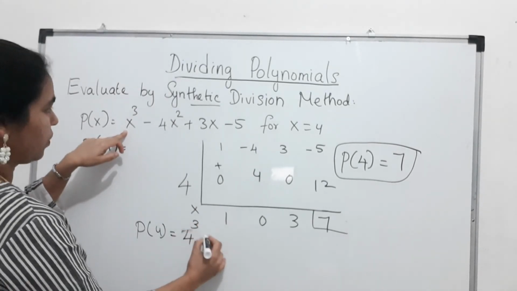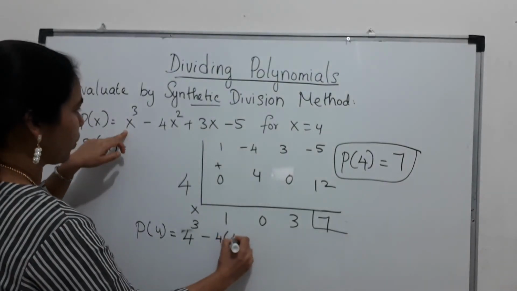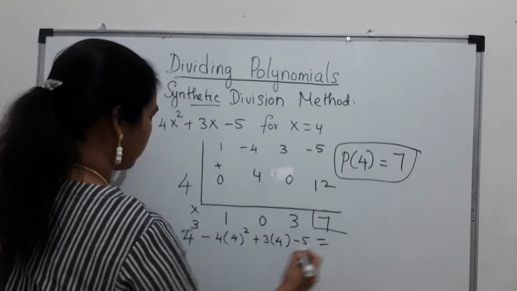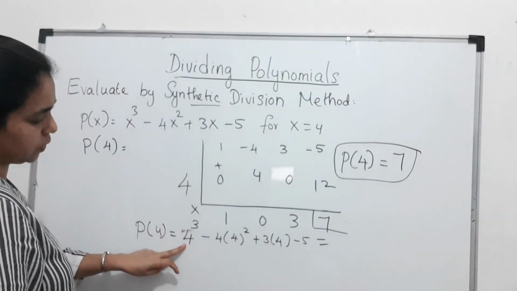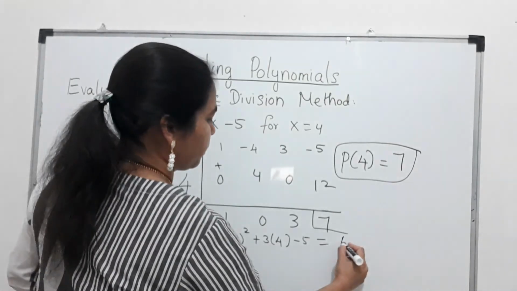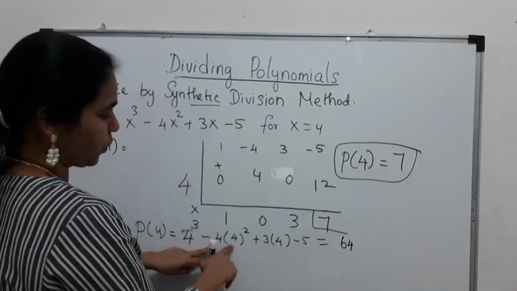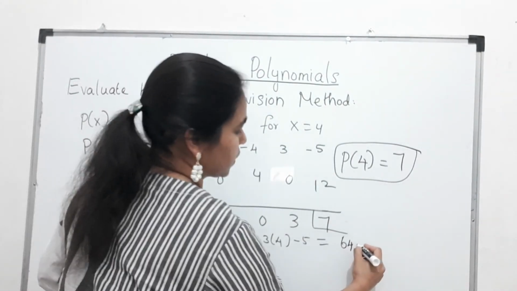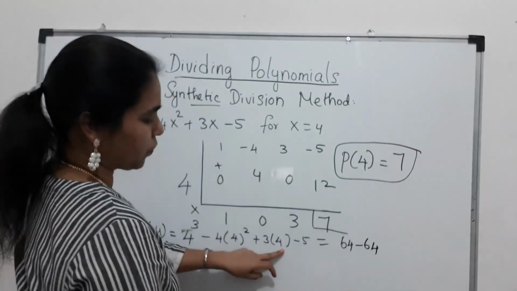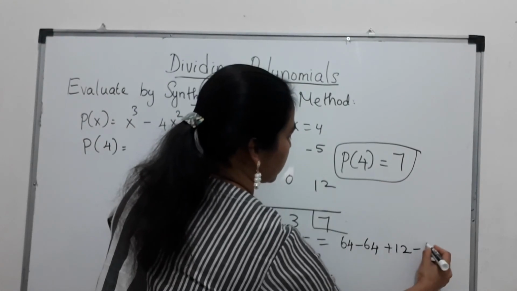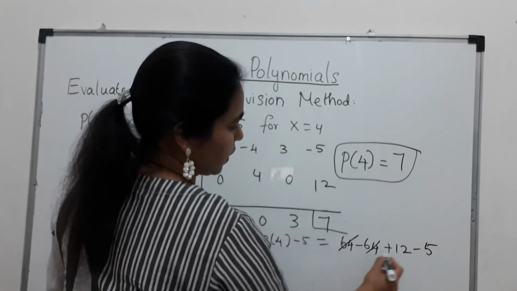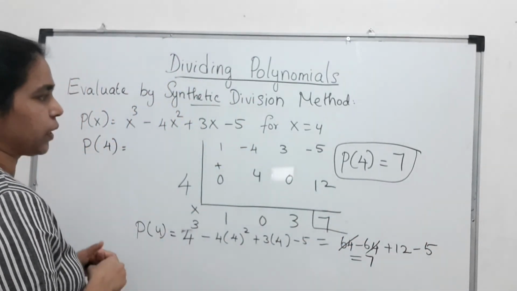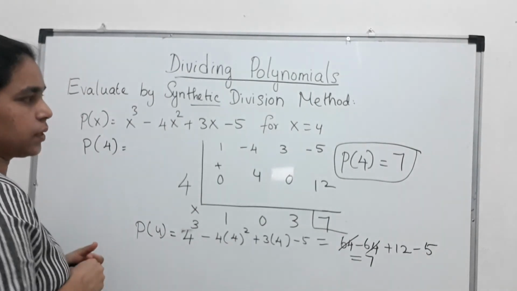So 4 cubed minus 4 times 4 squared plus 3 times 4 minus 5, which is equal to 4 cubed is 16, 4 16s are 64. 64, and this is 4 4s are 16. 16 times 4 is again 64, but minus 64, and then 3 times 4 is 12, plus 12 minus 5. Okay, so these two get cancelled, and 12 minus 5 is equal to 7. See, you got the same answer. So this is how you can evaluate using synthetic division method.